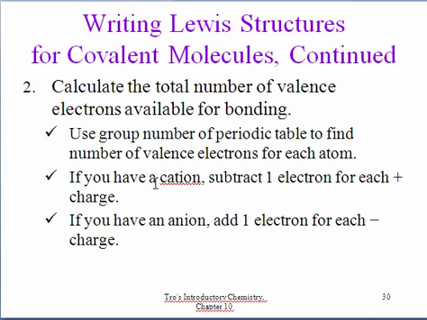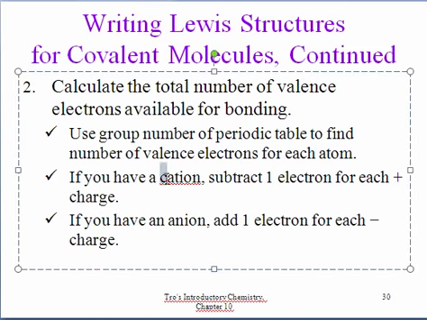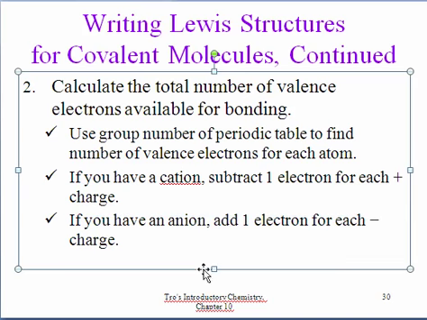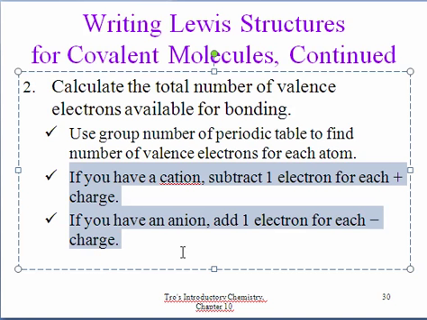Now if we're looking at a polyatomic ion, for a cation, it means we've lost an electron, so we're going to subtract 1 electron for every positive charge. And if we have an anion, we're going to add an electron for every negative charge. So we have to deal with this if we have polyatomic ions.